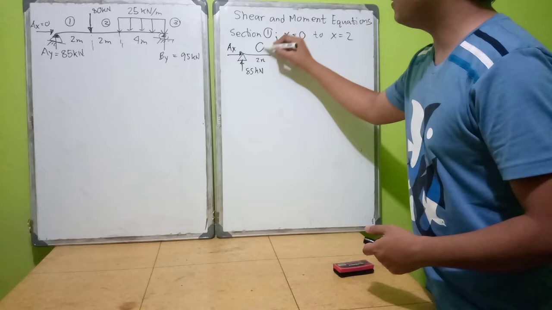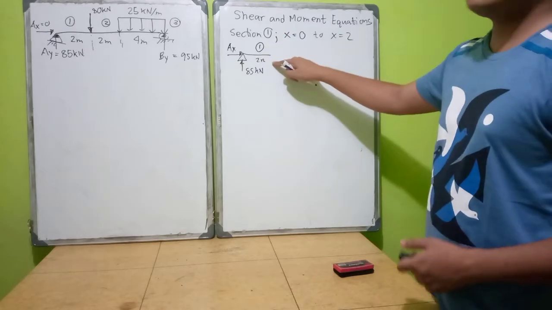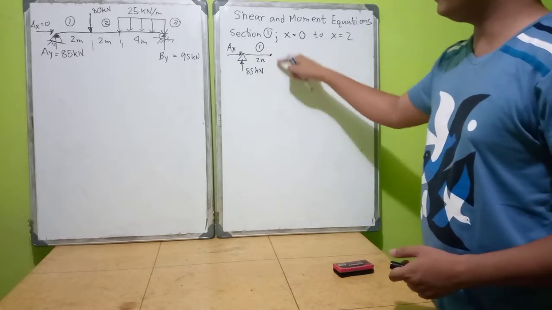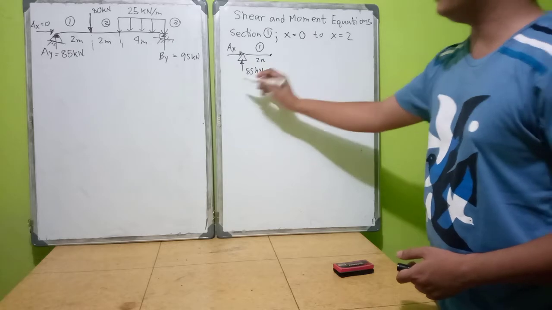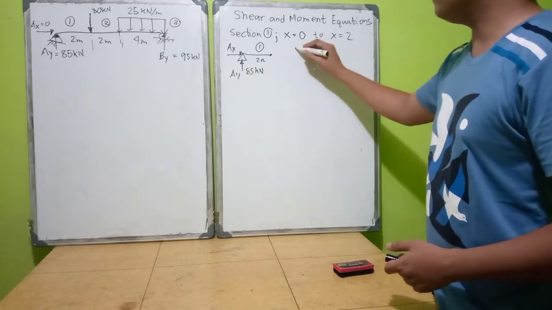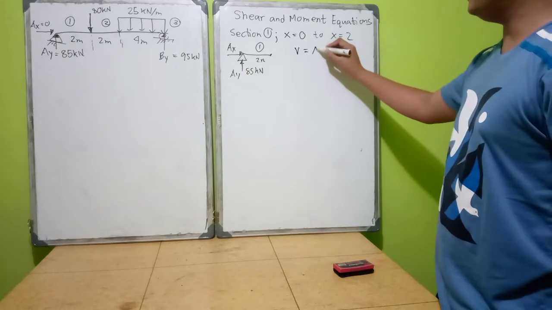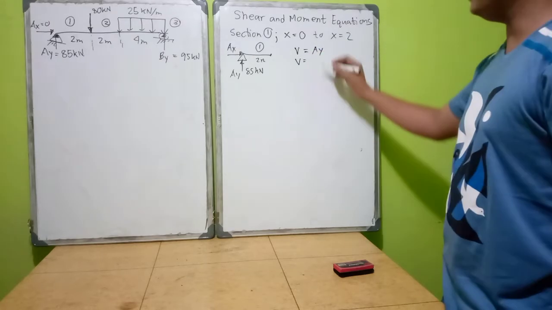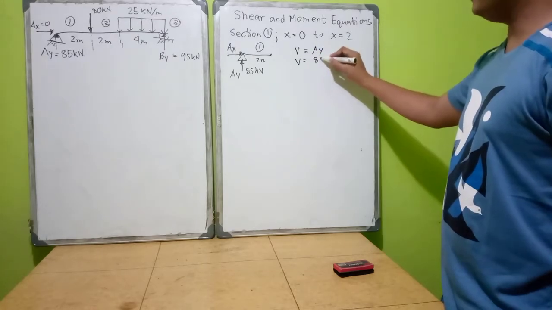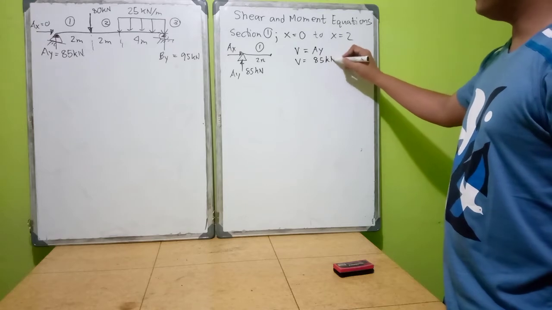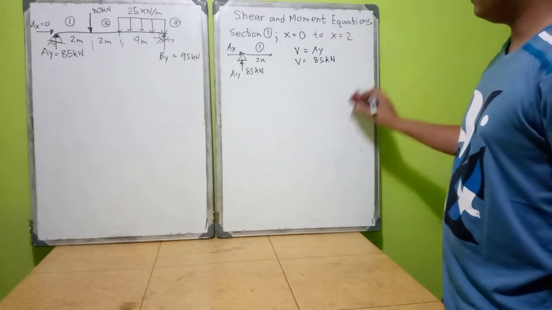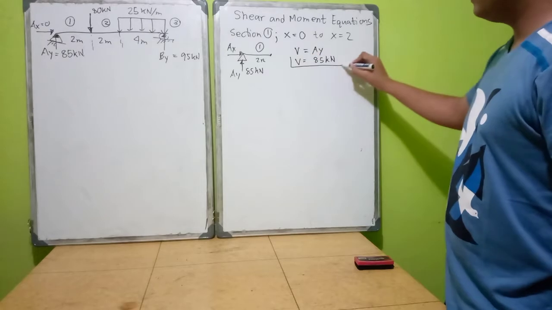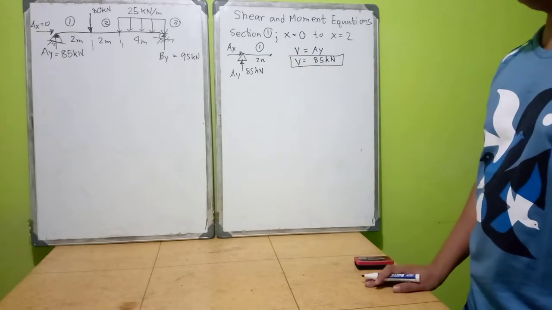At section 1, there is no other vertical load other than this Ay. Therefore, your V is equal to Ay. So your shear equation at this point is V equals 85 kilonewton, or 85. That is your force.